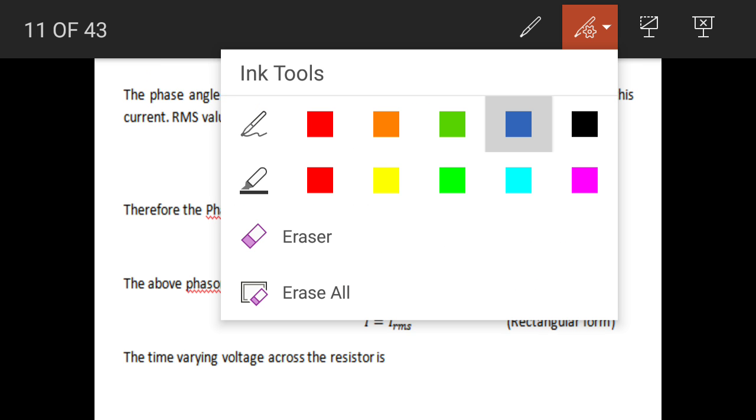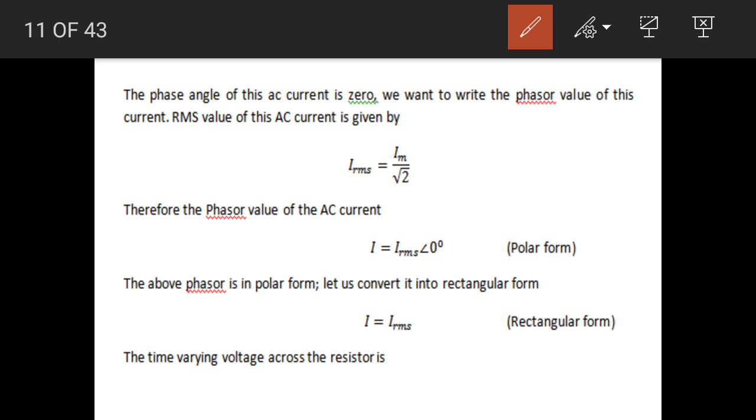In order to calculate the RMS value of this AC current, we divide its maximum value by under root 2. So the division of the maximum value of this AC current by under root 2 results in the RMS value of this AC current. As the RMS value of this current has been calculated and the phase angle of this AC current is known, we can represent this AC current with the help of a phasor quantity.